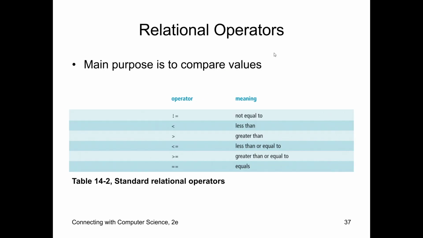So you have relational operators, and this is how things equal or not equal each other. So bang, this is called bang. So bang equal means not equal to, less than, greater than, less than or equal to, greater than or equal to, and notice this one right here. For all of you people who are in C, the C-based languages like Java, and I even believe Python to some extent, C#, etc., this is where things are going to trip you up.